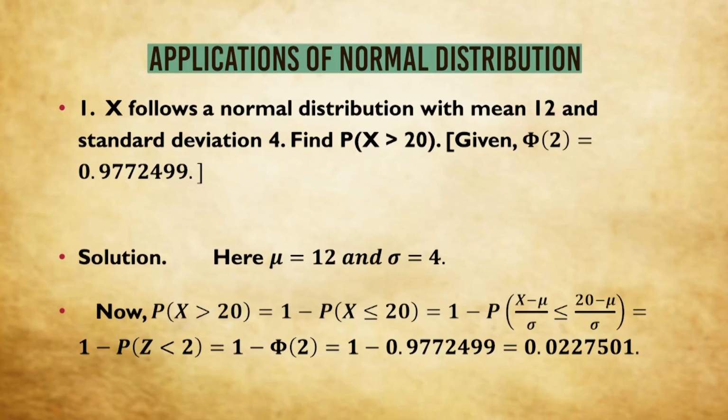And by the area property of the normal distribution, it will be 1 minus capital phi of (20 minus mu) by sigma. Mind you, mu is 12 and sigma is 4. So that basically comes out to be 1 minus capital phi of 2. The value of phi 2 is given, so we can easily compute 1 minus capital phi of 2. So now you can see how easily we can find a probability.